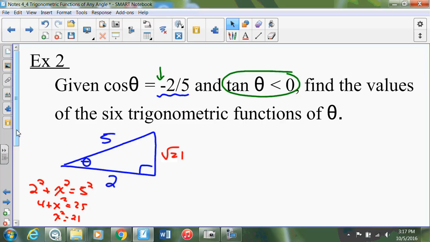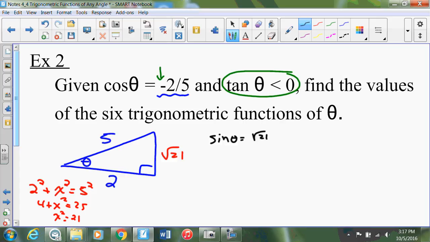Let's just do right triangle trig and say, okay, here's my theta. Sine theta is the opposite over the hypotenuse. And then my flip, cosecant theta, will be 5 over root 21. We can go ahead and rationalize and get 5 root 21 over 21.